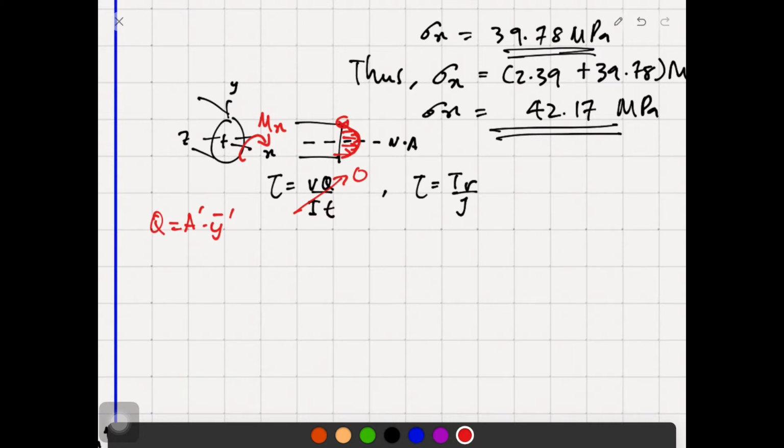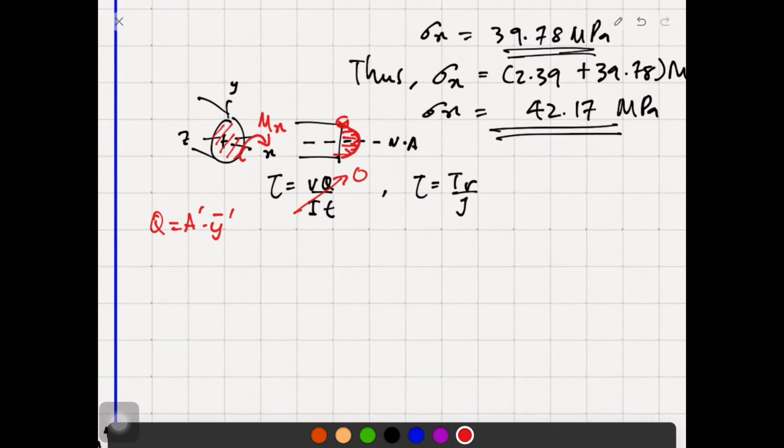But in this case, we have a rod. It is just a circle, right? And E resides on the outer skin in the Z direction, on the surface of the rod. The transverse shear, from the definition, is parabolic, and we can prove that, right?